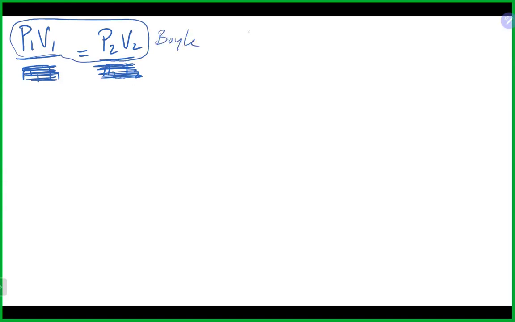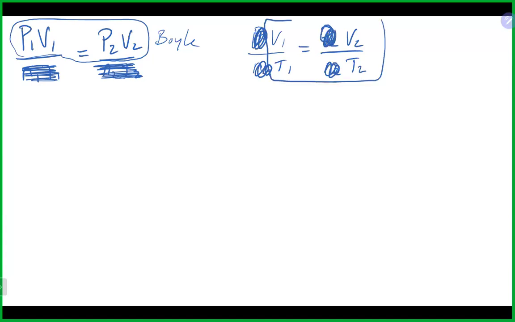If you take this combined gas law and you come across a problem where they don't mention anything about pressure and they don't mention anything about moles, you can then just scratch out pressure and moles on each side. And there is our friend Charles' law.